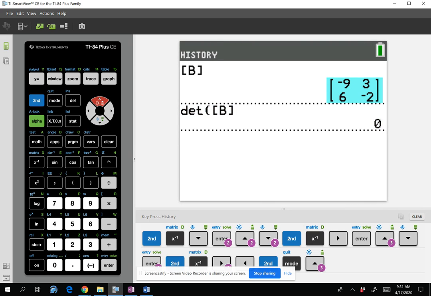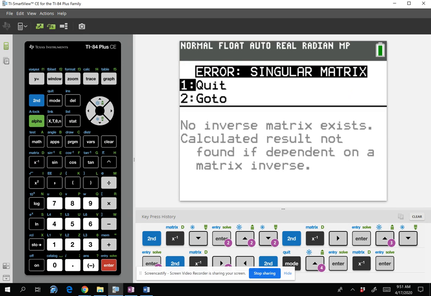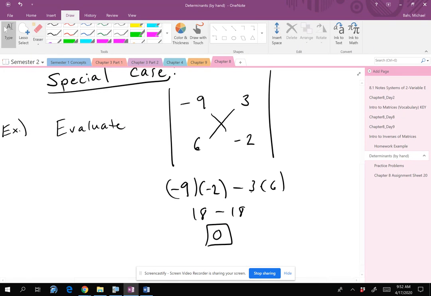But when the determinant is 0, that means its inverse is not going to exist. What do I mean by that? Look at that. It's a singular matrix. What the heck is a singular matrix? This is just a kind of cool special case.